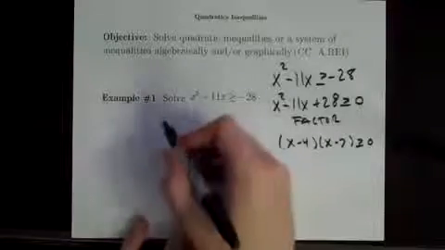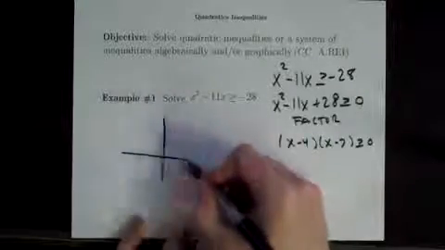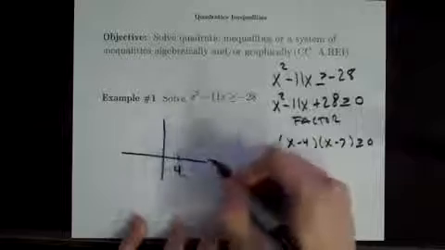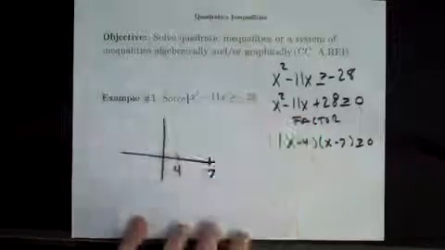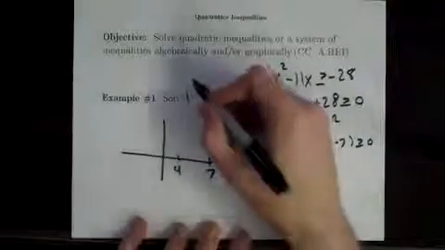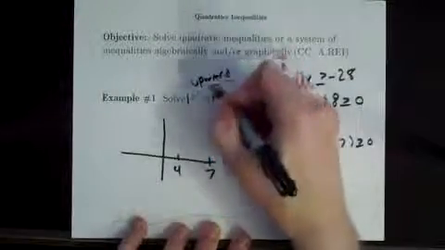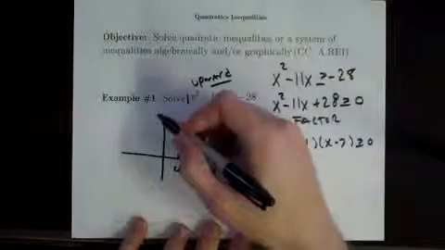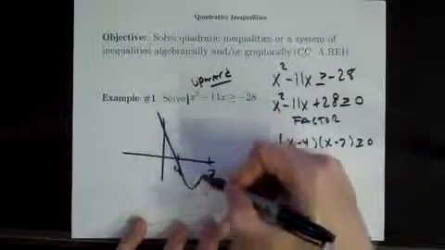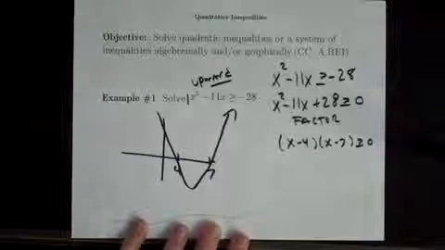So we do a rough, quick little sketch here. 4, 7. Since this is a positive 1x squared, you know the graph is facing up. And we know the y-intercept is 28. It doesn't really matter in terms of this problem. We're not even finding the vertex.